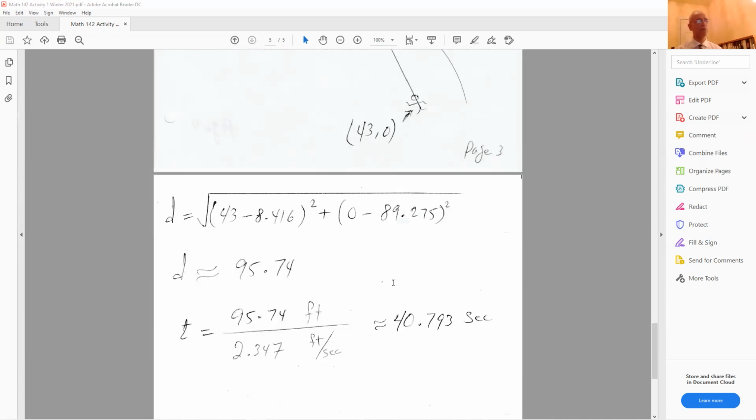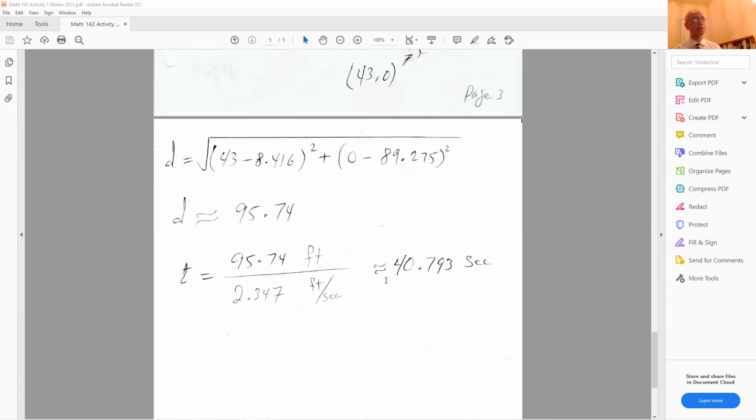Using the distance formula, I get d equals the square root of 43 minus 8.416 quantity squared plus 0 minus 89.275 quantity squared. The distance is almost 95.74.